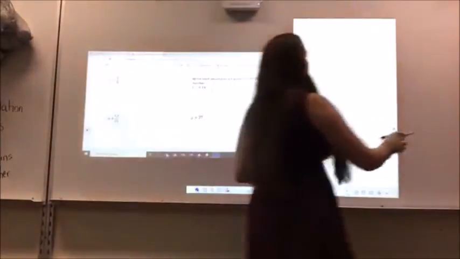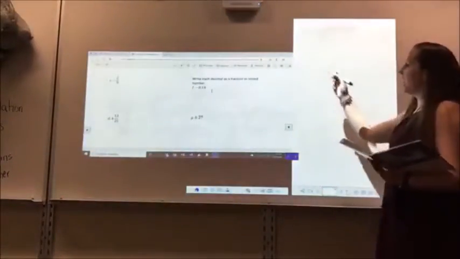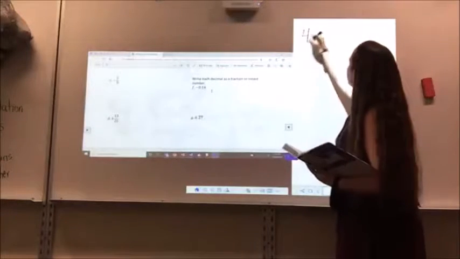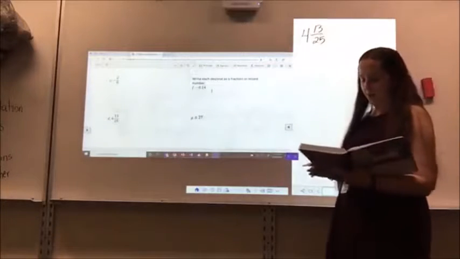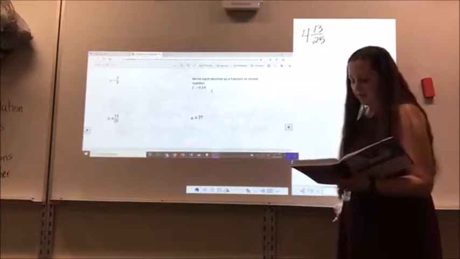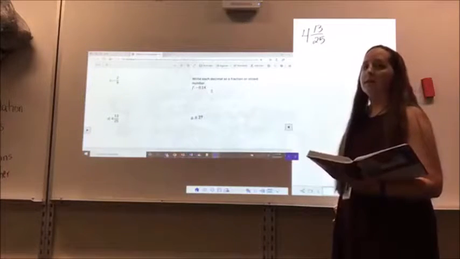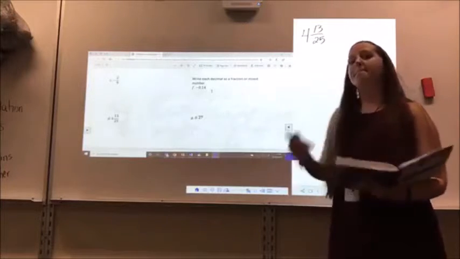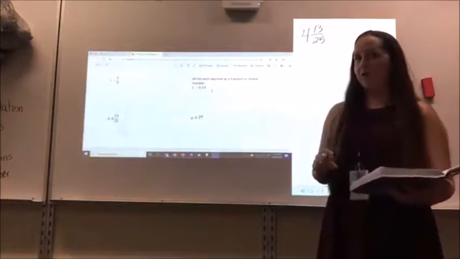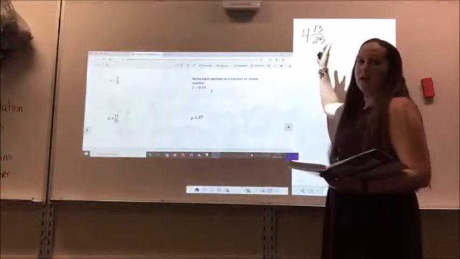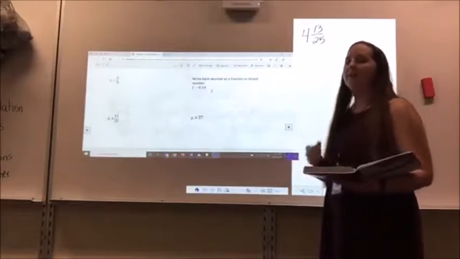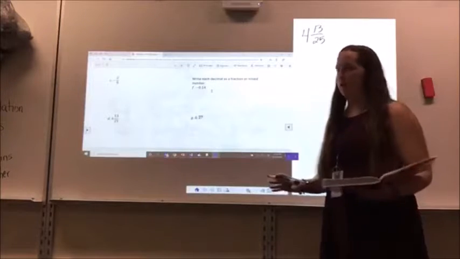All right, letter D was 4 and 13/25. Okay, so again, I want to change this from a mixed number into an improper fraction. But there's another way to actually do this. Okay, I can notice that 25 is something I can easily make into 100.